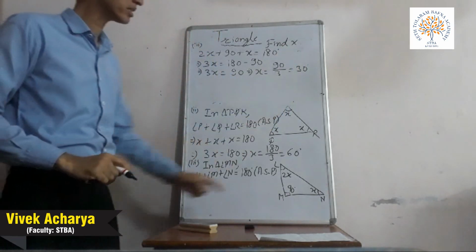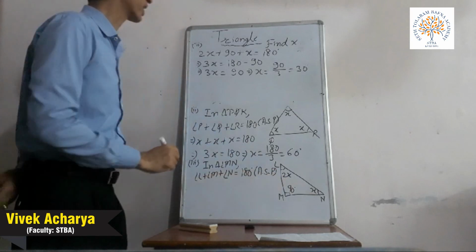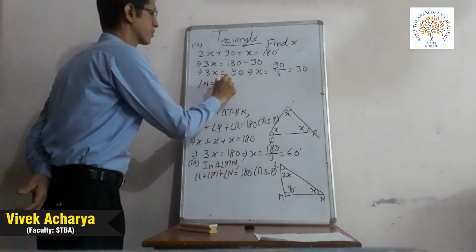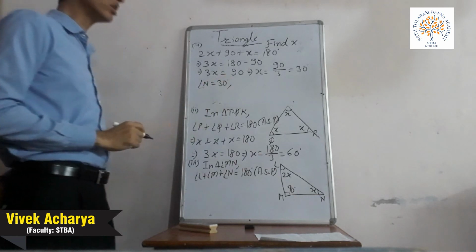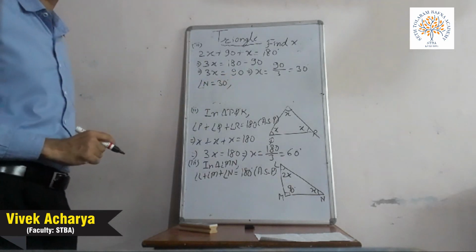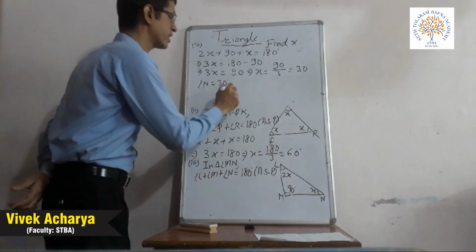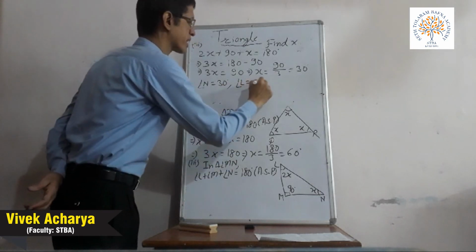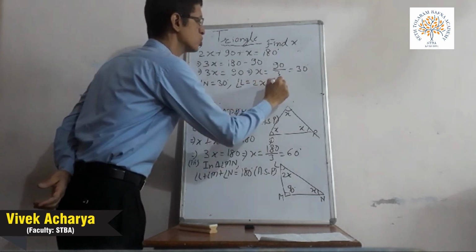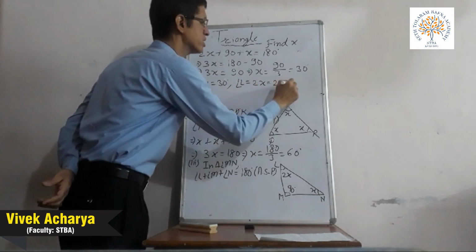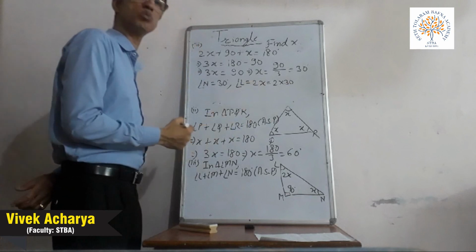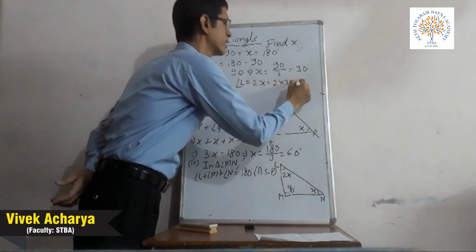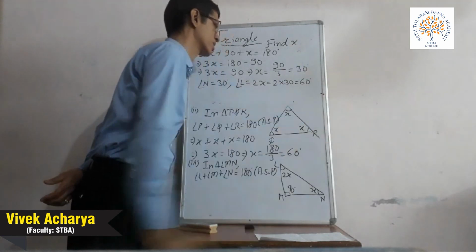And the x means angle N. So angle N equals 30 degrees. And if we are told to find angle L also, you can find it. Angle L equals 2x, means 2 multiplied by x, which is 30. 2x means 2 multiplied by 30, and we get 2 into 30, 60 degrees.